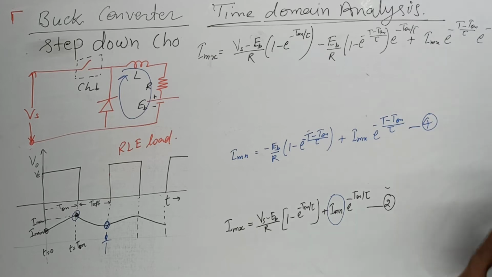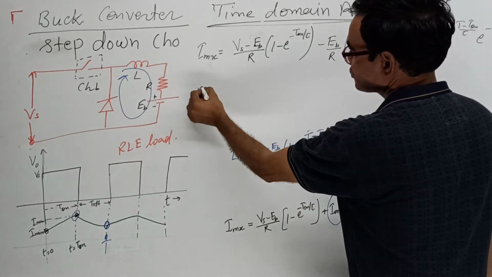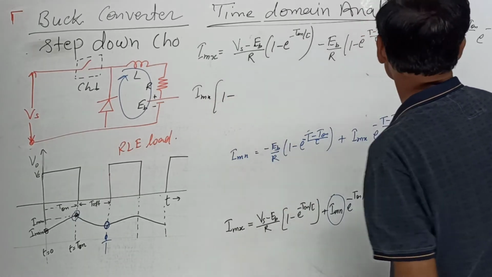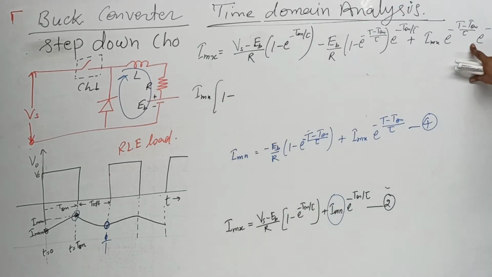So Imx we are taking on one side. So Imx is equal to 1 minus this one. Here it is minus T by tau plus T on by tau minus T on by tau, so the plus T on by tau and minus T on by tau cancel out.